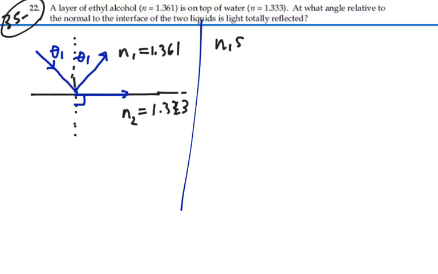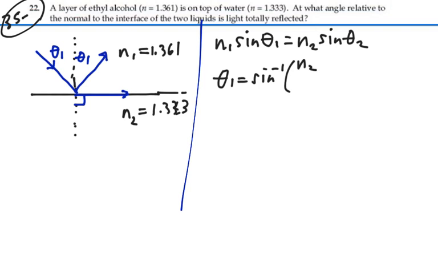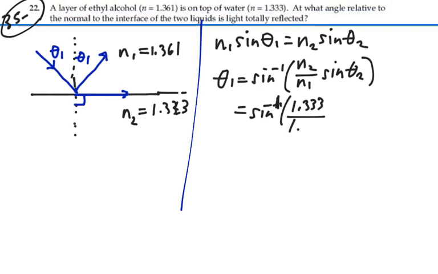So we're going to apply Snell's law with an angle of refraction of 90 degrees. We have N1 sine theta 1 equals N2 sine theta 2. And we want to find theta 1. So theta 1 is the inverse sine of index 2 over index 1 times sine theta 2. So that is going to be inverse sine of index 2, which is 1.333, over index 1, which is the ethyl alcohol, 1.361.